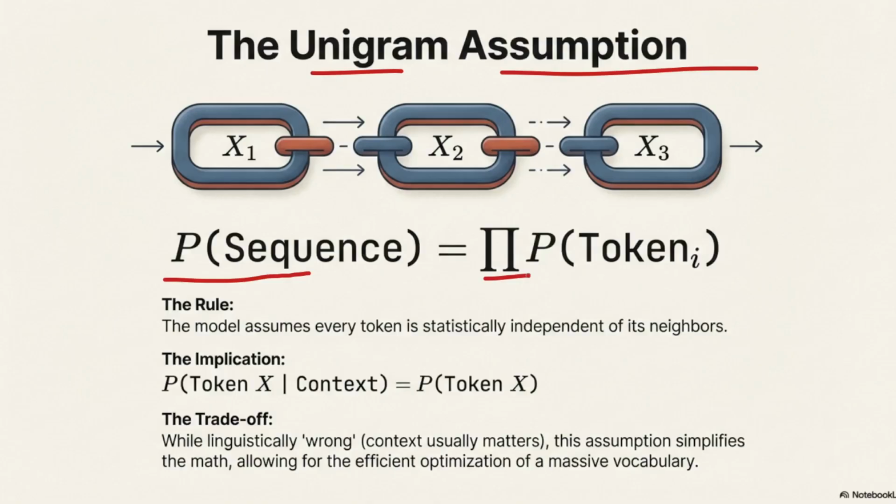While this ignores context, meaning it doesn't know that "New" is often followed by "York", for example, this simple probability score is actually what we need to determine the most likely way to split a word.